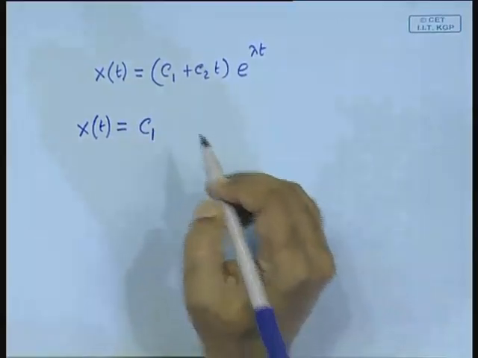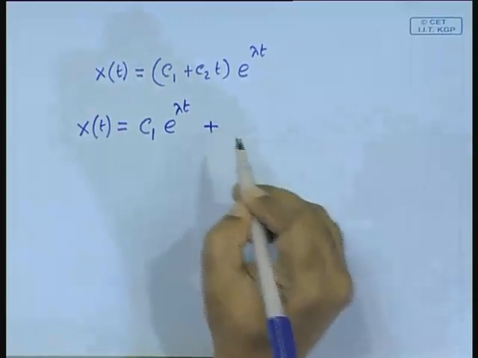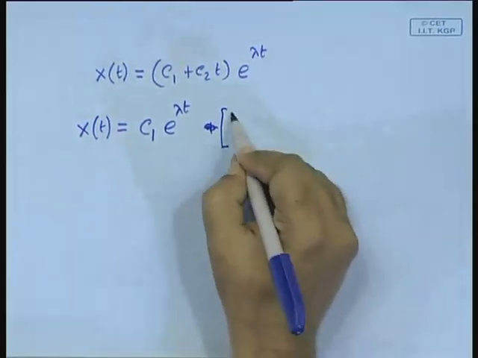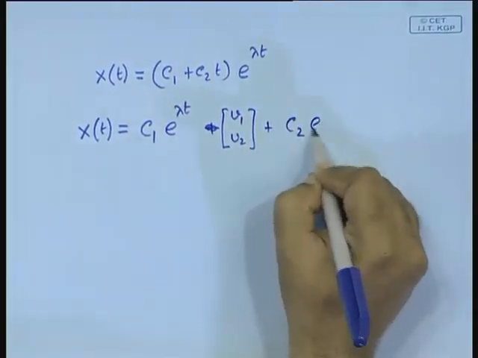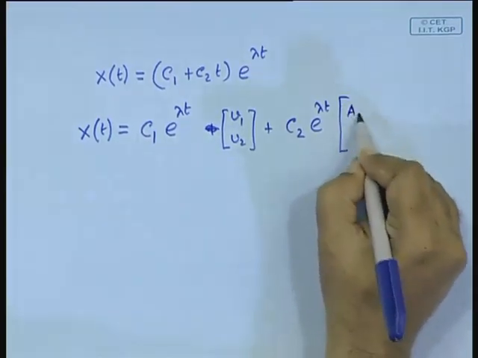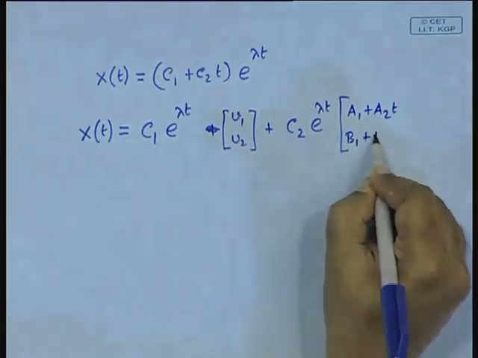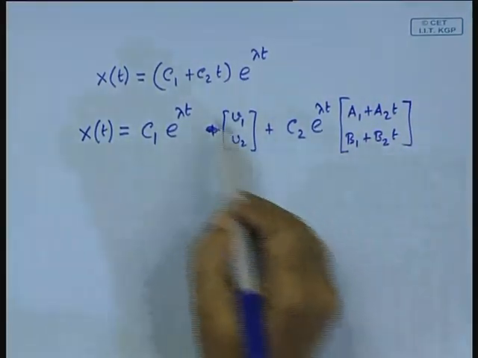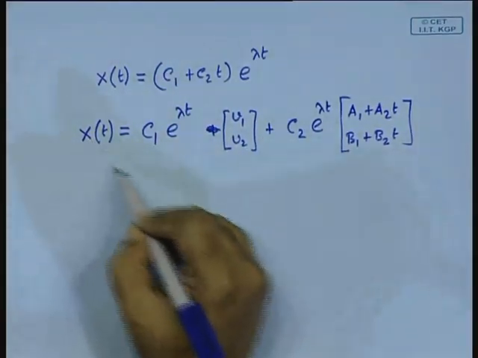But when we dealt with it in the earlier classes, we said that it is actually a combination of C 1 e to the power lambda t times V 1, plus C 2 e to the power lambda t times (A 1 plus A 2 t) and (B 1 plus B 2 t). The reason I abbreviated this is, suppose you are talking about the first line which is x t and the second line is y t.